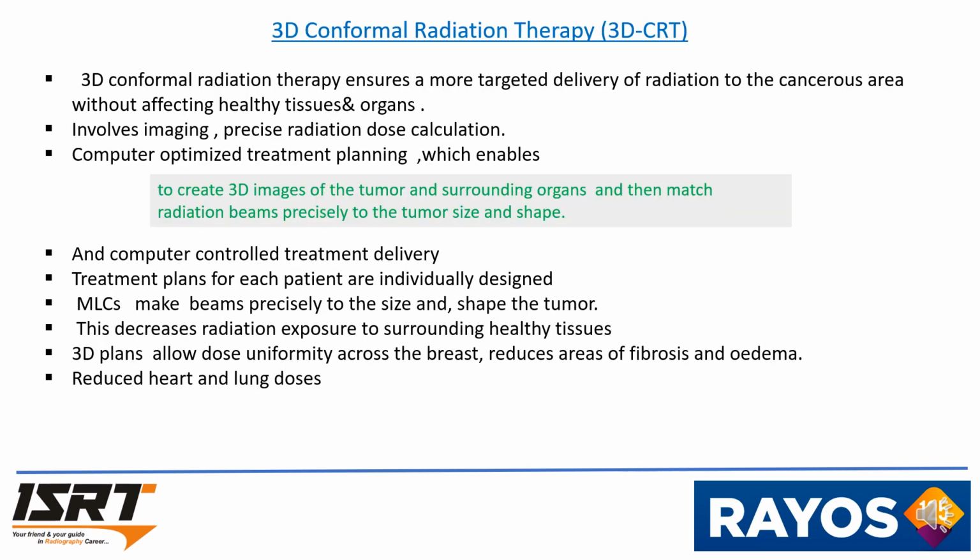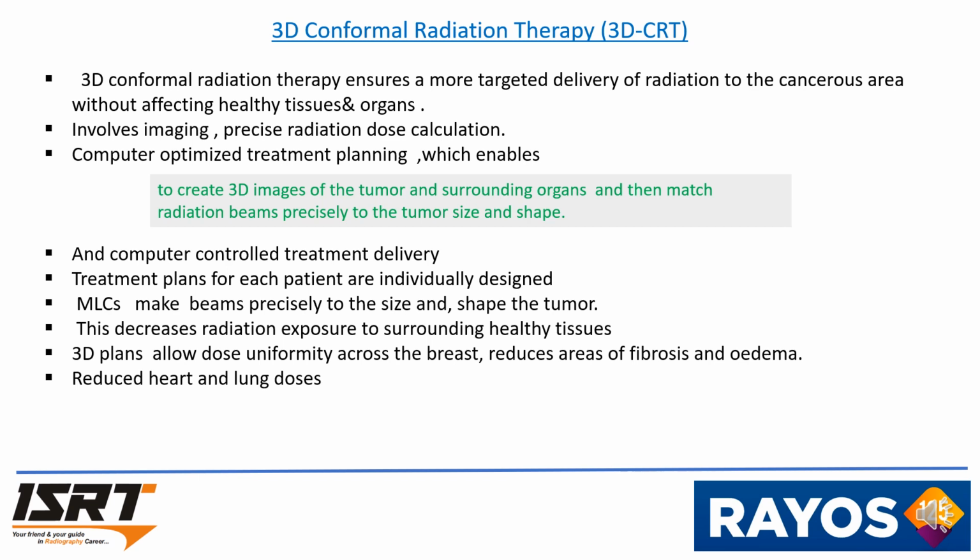Three-dimensional conformal radiation therapy or 3D CRT. Three-dimensional conformal radiation therapy ensures a more targeted delivery of radiation to the cancerous area without affecting healthy tissues and organs. It involves imaging, precise radiation, and dose calculation.